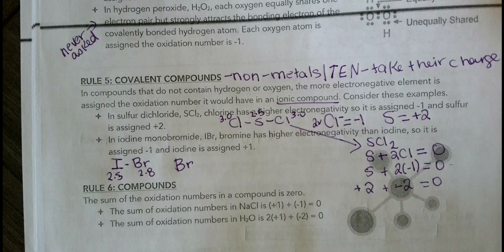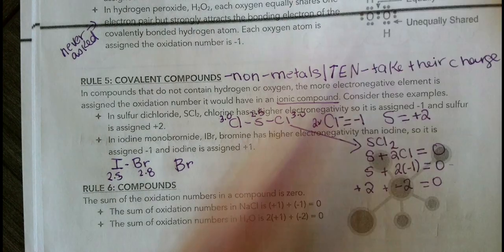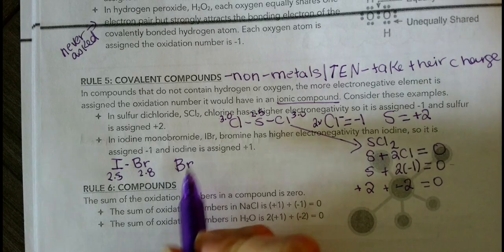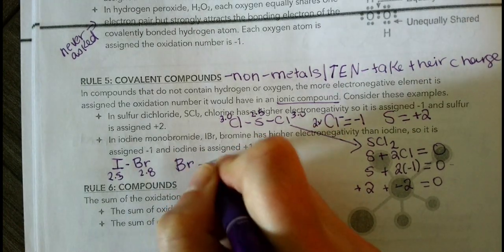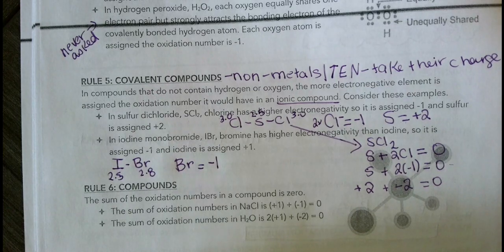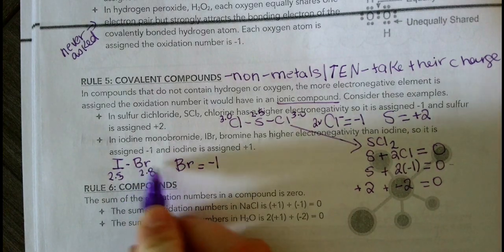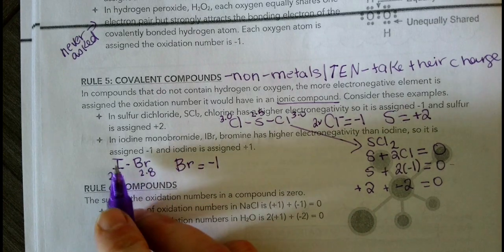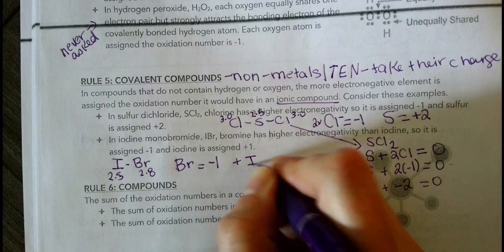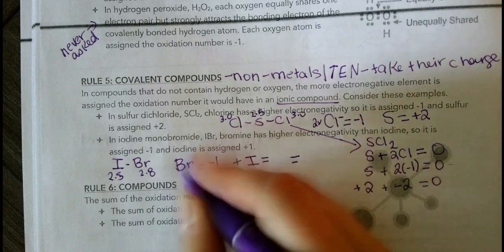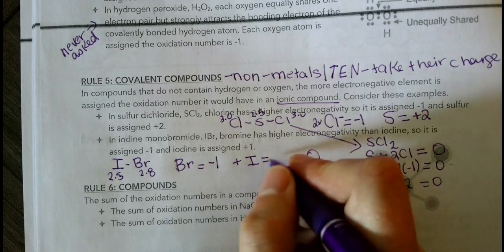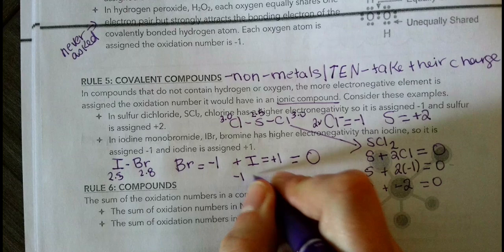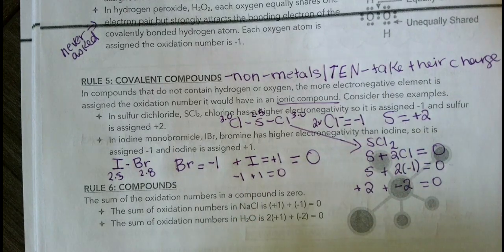How much attraction force do you have towards electrons? It's like they're playing tug of war, and the stronger the element, the stronger the electronegativity. So bromine here is going to be given a -1 charge because it has more electronegativity. That means to make this neutral, iodine, adding all these together, it has to be 0. So iodine is going to be +1. You have -1 plus 1 to give 0.